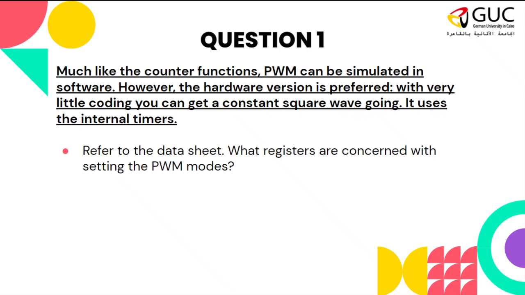Next question. Also, we are going to refer to the datasheet to look up the registers which are concerned with setting the PWM modes. We have seen earlier that we have two modes, the fast PWM mode and the phase correct PWM mode for the waveform generating. So we need to check the registers responsible for these modes.